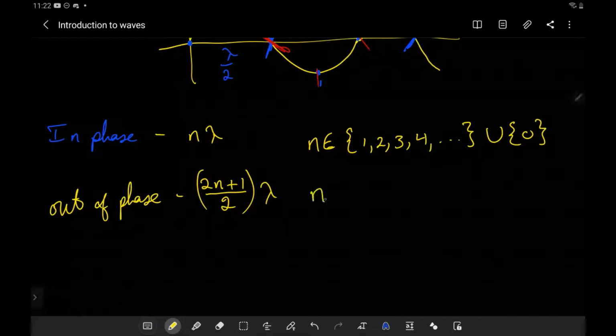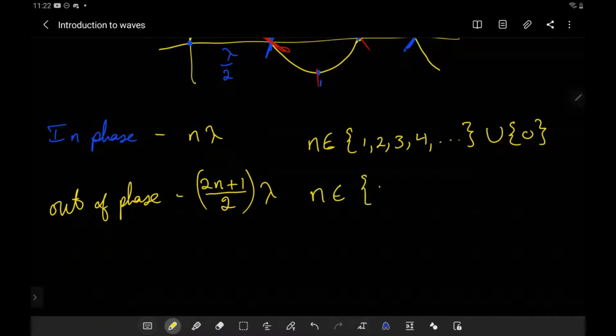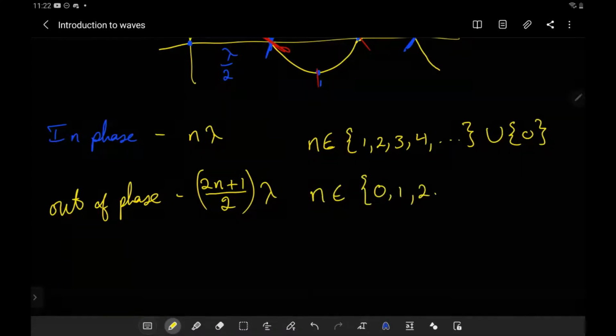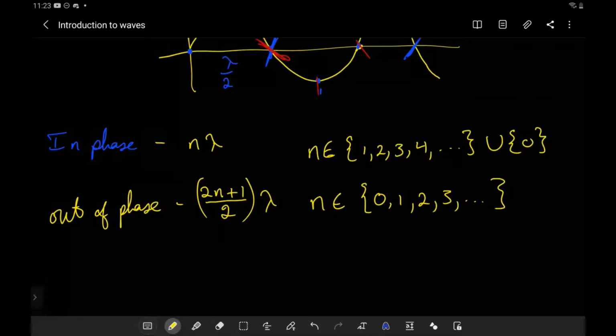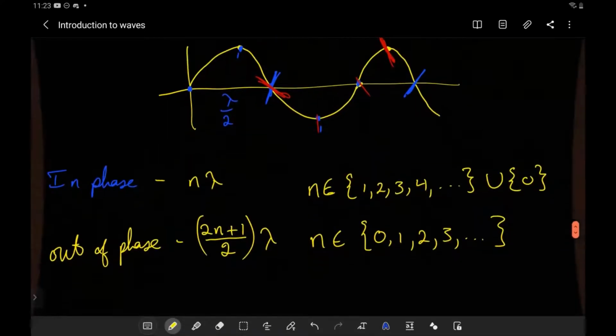So n here could be 0, 1, 2, 3, and so on. Notice that n cannot take any decimal numbers. It has to be whole numbers, right? Cool. So we define wavelength, we define phase.